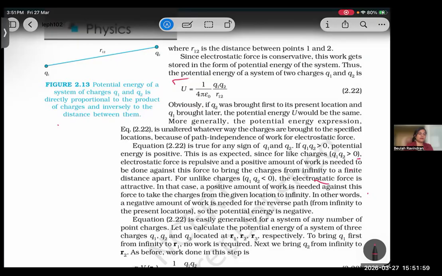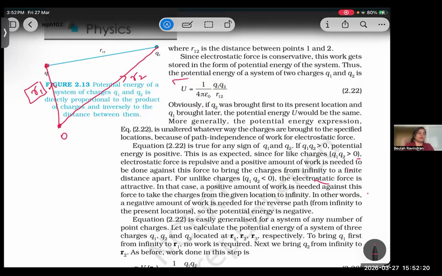You are taking some origin of reference. From the origin of reference, you consider this as R1 and this as R2. R1 is the position vector from this origin to the point where the charge Q1 is present.